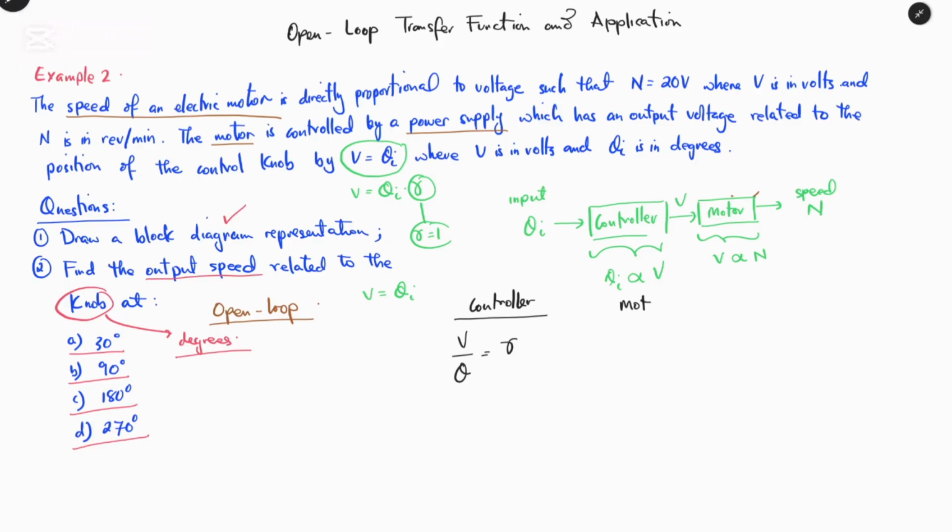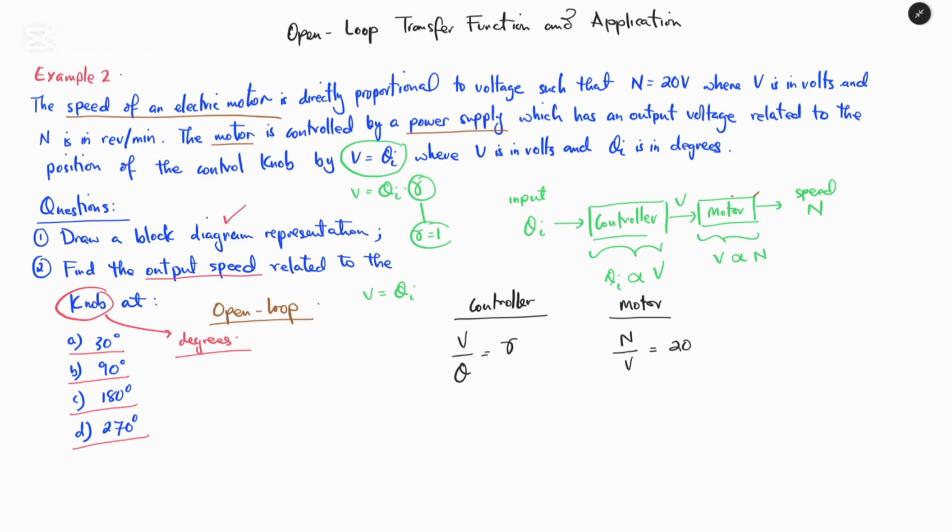And for the motor, we can have N over V, which is equal to 20, as given in the statement. If you don't know how to derive the transfer function of a system, you can check our previous video, which I have provided the link below, so it can help you to fully understand how we derive those transfer functions. And this set of analysis is in the time domain.